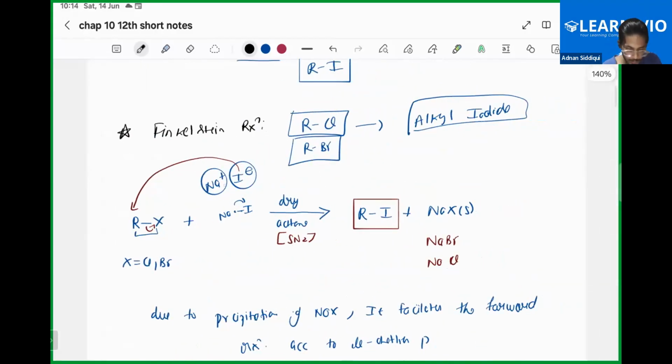I have shown here that NaI is soluble in dry acetone. It dissociates into I negative and Na positive. This I negative can travel in that liquid medium, go to R, displace the X and get attached there. And this X will then form a bond with Na, and NaCl or NaBr will be precipitated out.